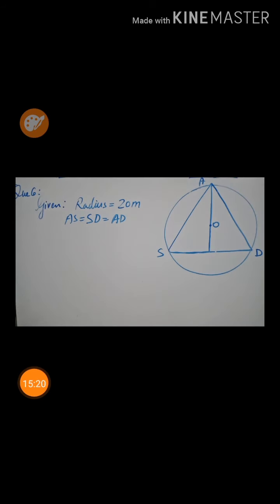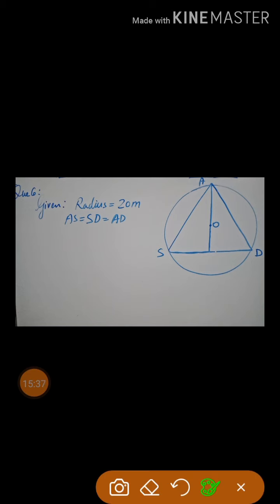So firstly write the given, what is given. Radius is 20 meter and AS is equal to SD equal to AD, and we will draw a median on this triangle. This is the median, and we know that the median on side SD will divide SD into two equal parts.